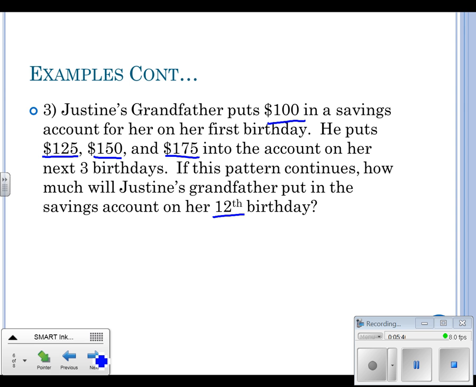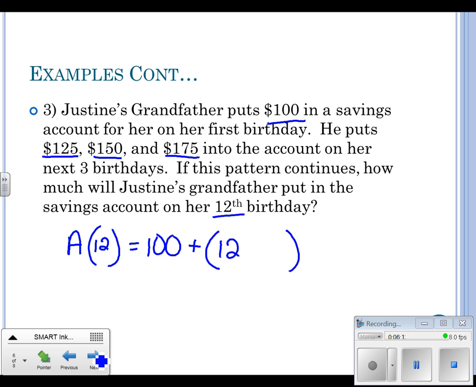We want to know A of 12. So instead of A of n, we put A of 12. We're looking for the 12th term. And that equals, going back to that previous slide, A of 1, which is the first term. The first term here would be 100, because that's what he started with. That's the beginning, the first. And then if you go back to that previous slide, we add, and then in parentheses, it was n minus 1. Well, n here is 12 because we're looking for the 12th birthday.